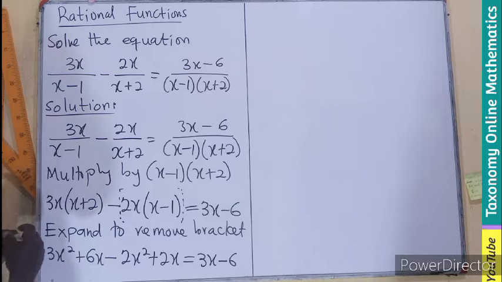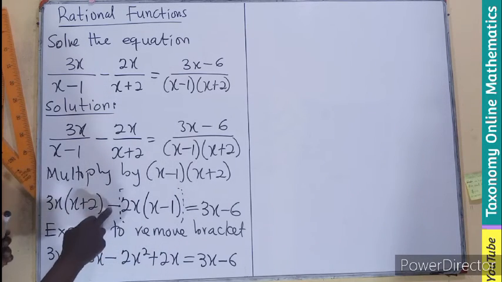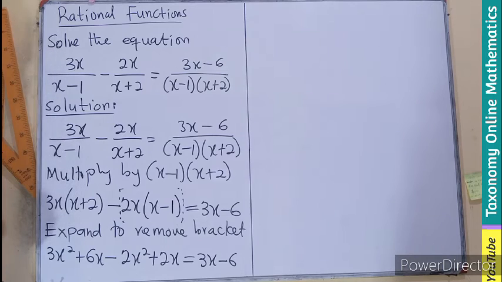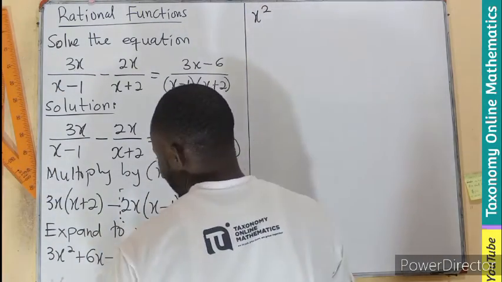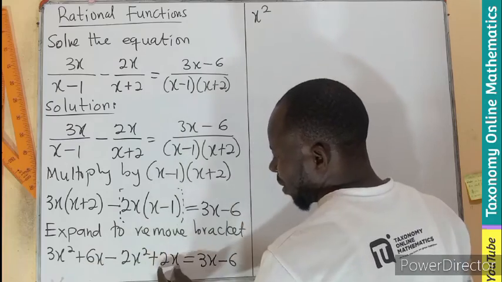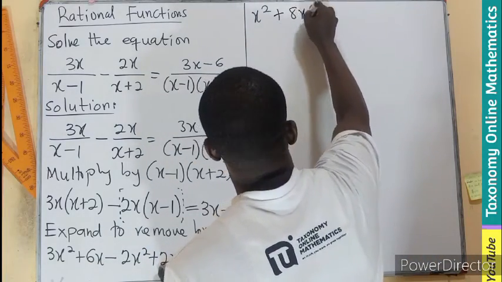If you like, we can decide to put this in the bigger bracket, perform the expansion, then introduce a negative to it. I am still at the left side here, x squared. I can group them together, then this x will also be grouped together. So 3x squared minus 2x squared will be left with only x squared. 6x plus 2x, that makes 8x.